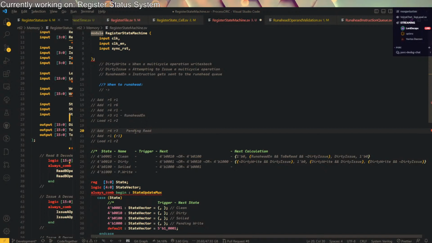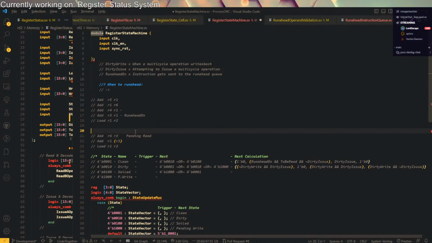And then if this instruction finally gets to go through, but then you have another instruction here that's clearing the soiled bit, that is something I'm thinking about right now.